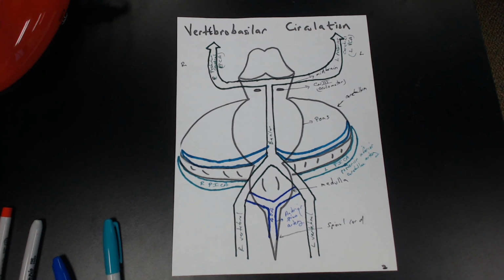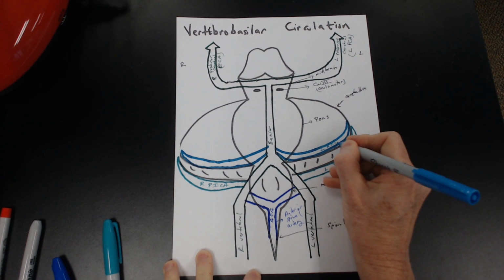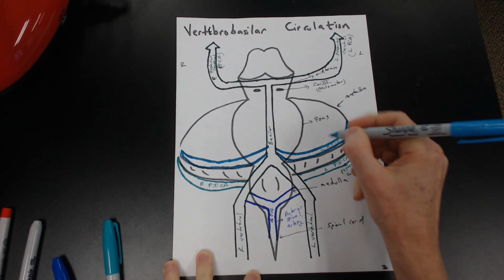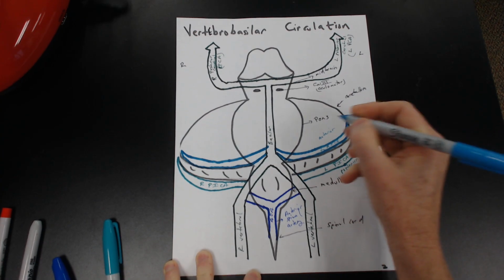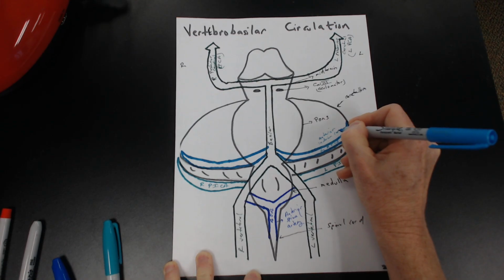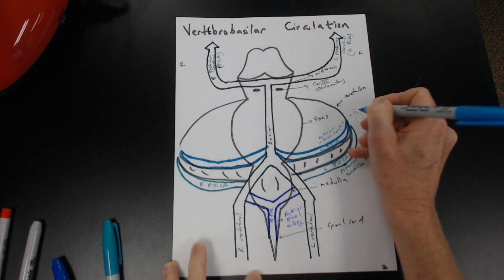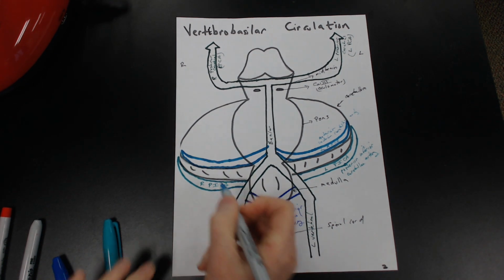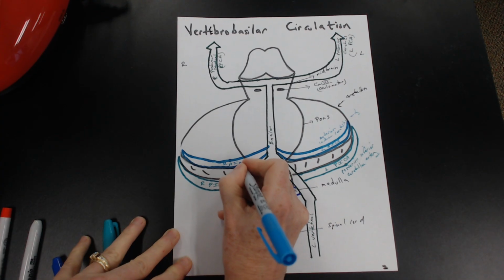Since it supplies the anterior inferior surface, it is known as AICA. So this is the left AICA, and AICA stands for anterior inferior cerebellar artery. Okay, there's a left AICA and a right AICA.